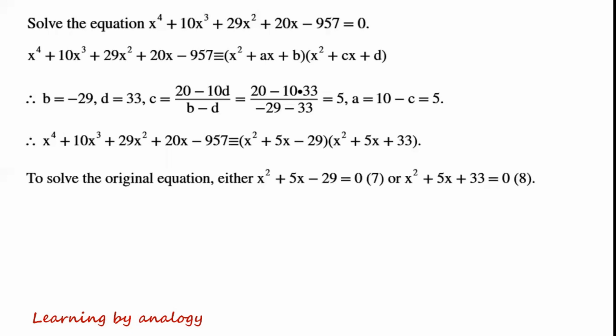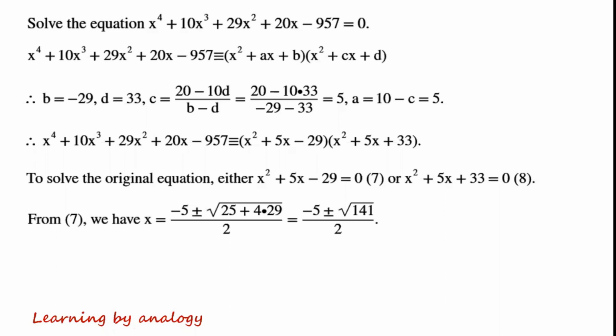To solve the original equation, either x squared plus 5x minus 29 equals 0, or x squared plus 5x plus 33 equals 0.